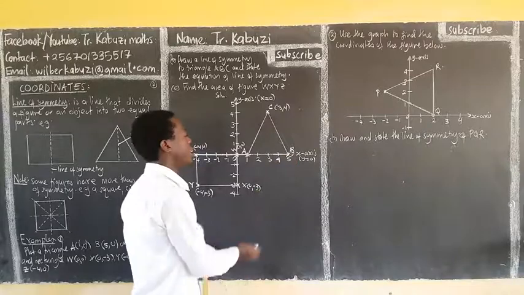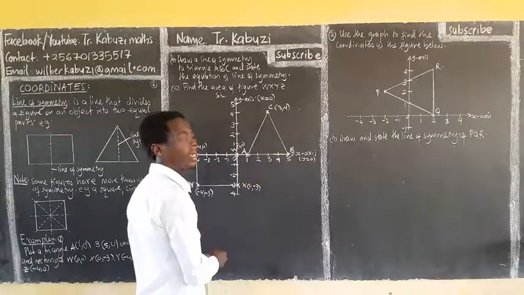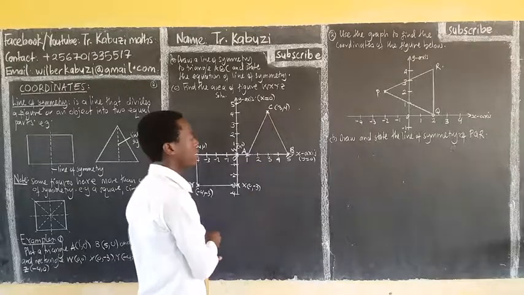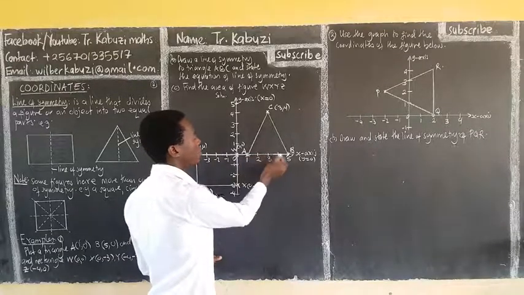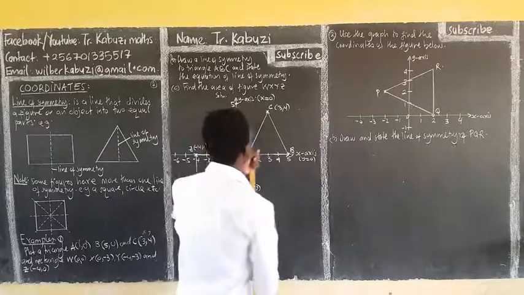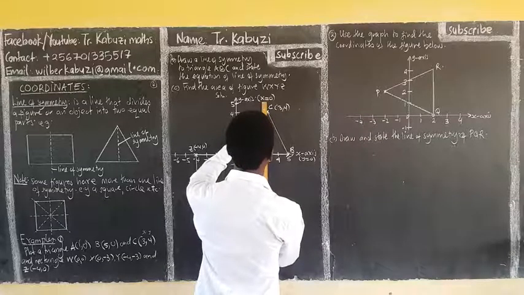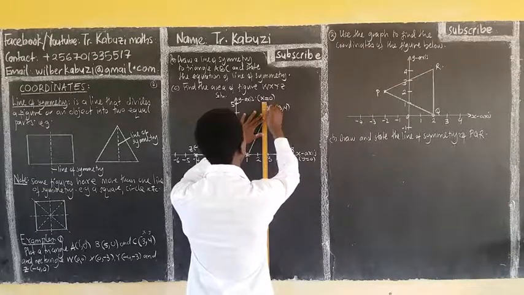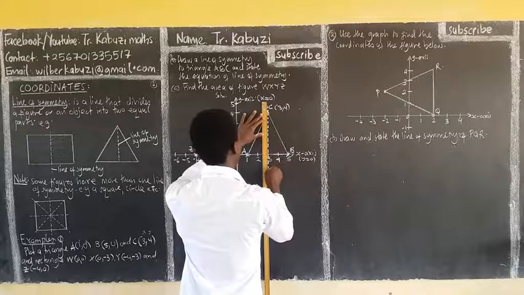It means that the middle of this side is going to be the line of symmetry. So here I have 1, 2. Also from here I have 1, 2. So I base on this, where they are meeting, then I am going to draw my line of symmetry like that. So that's my line of symmetry.